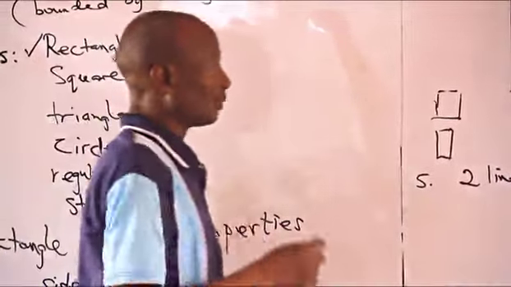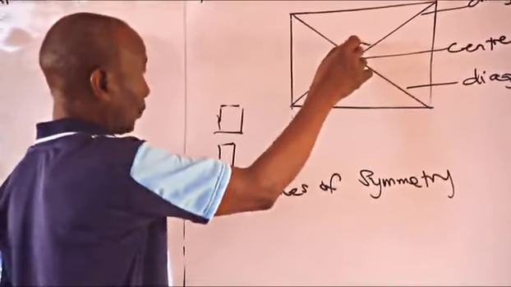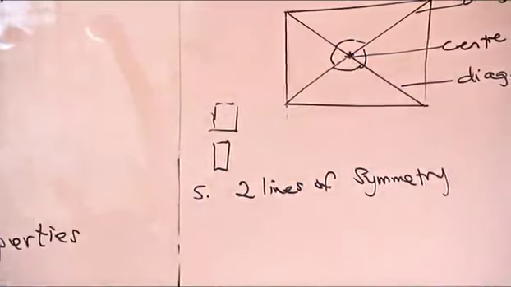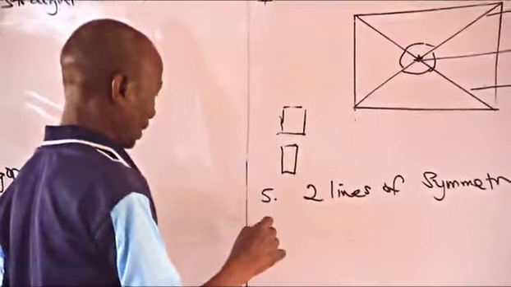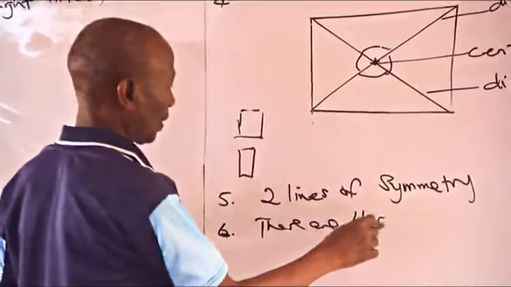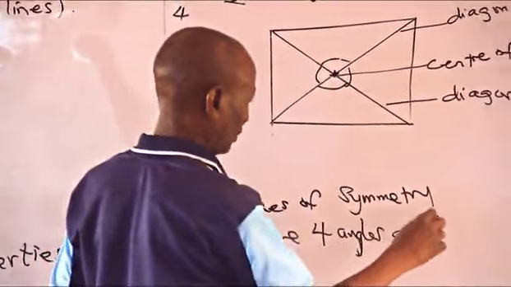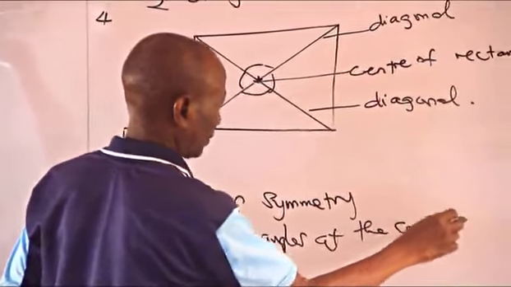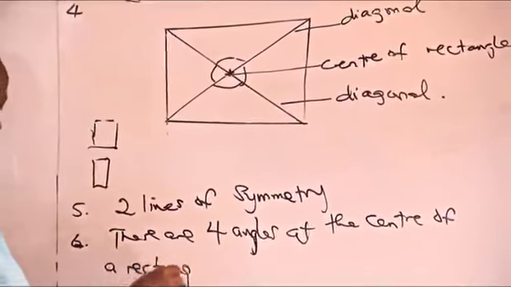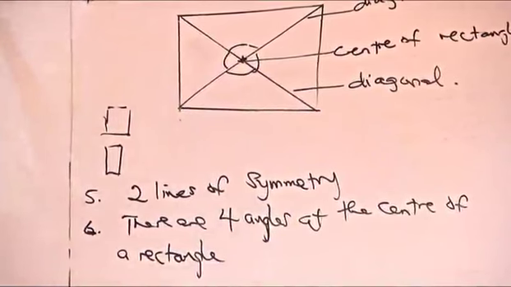Not that alone, if you look at the center here, the center also contains four angles, formed by the diagonals. They are formed at the center of a rectangle.